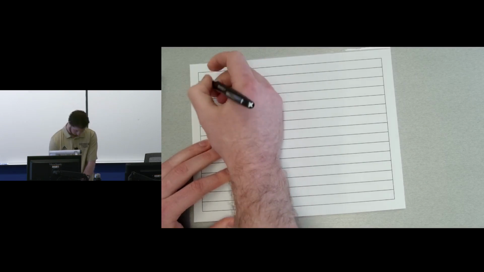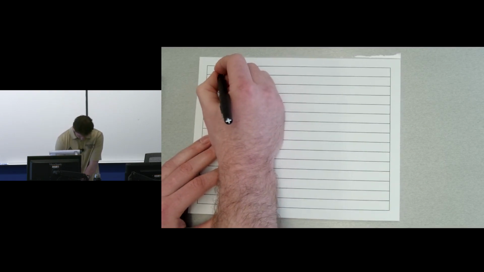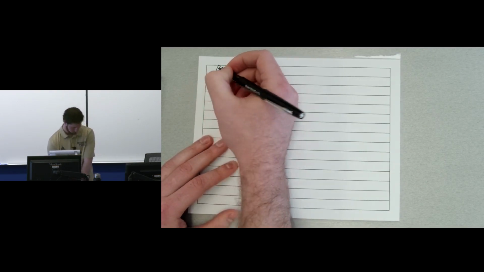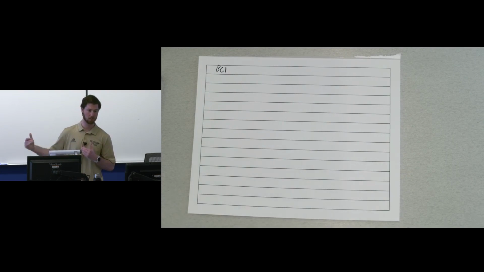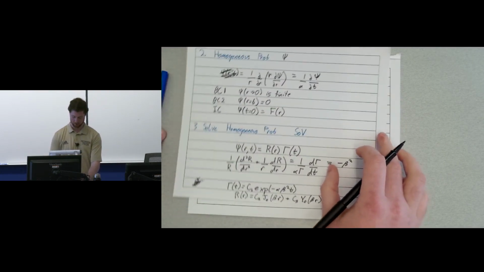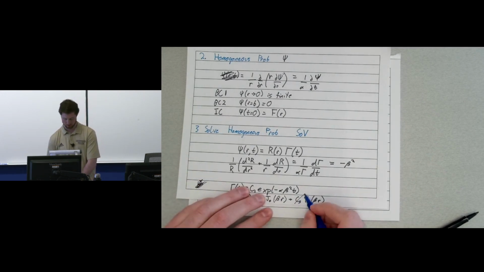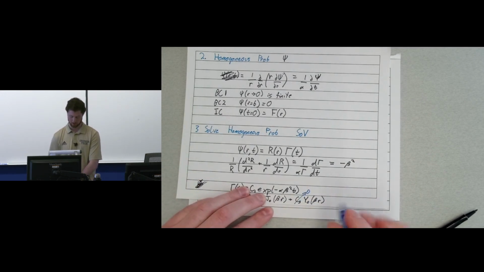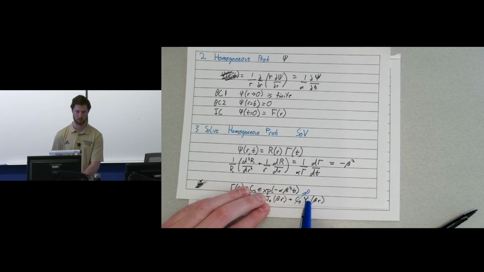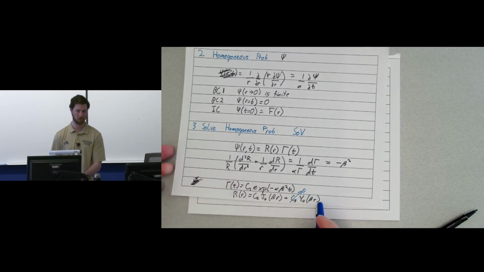Then we can go ahead and apply boundary condition 1, which is that psi as r goes to 0 is finite. So if we apply that, what's going to go away? C3, because our Bessel function of the second kind of order 0 would go to minus infinity, exactly.